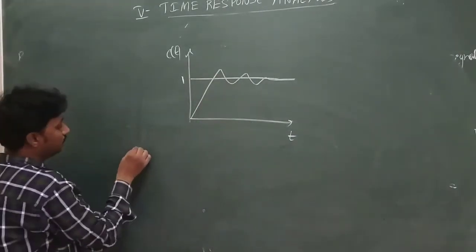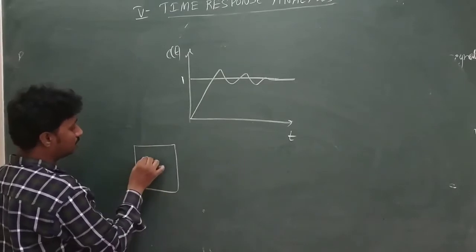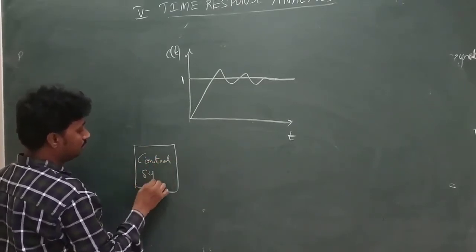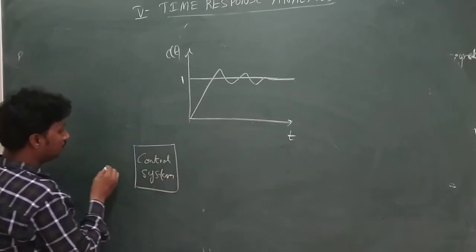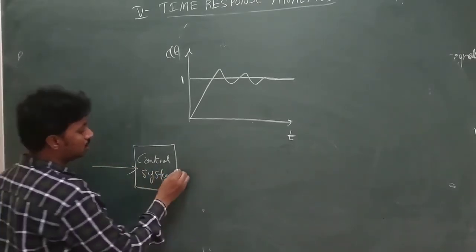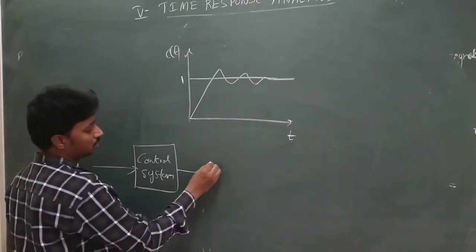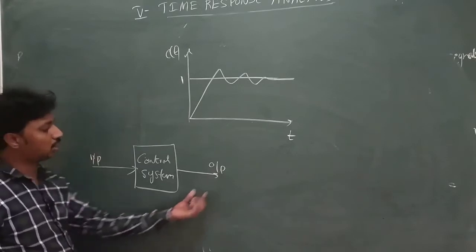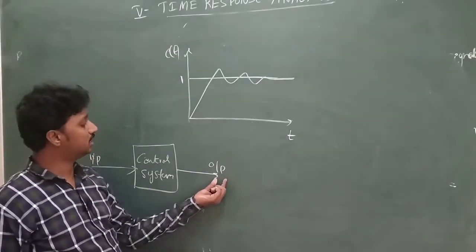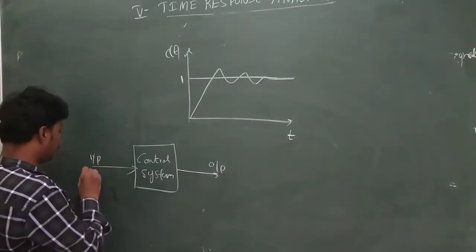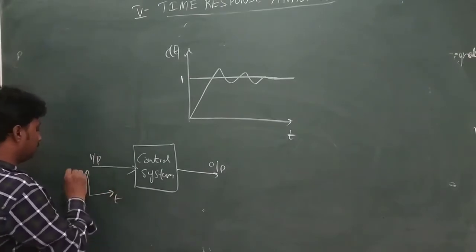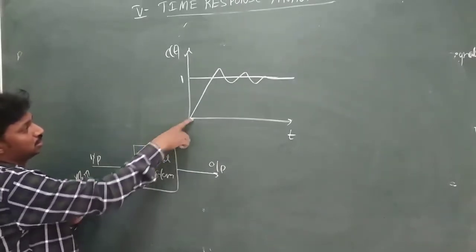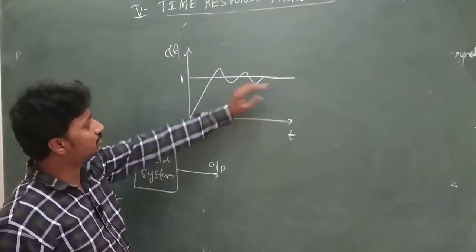I mean, this is your control system. You give input, so you get output. So output is the response. For a given step input, you got this kind of response.